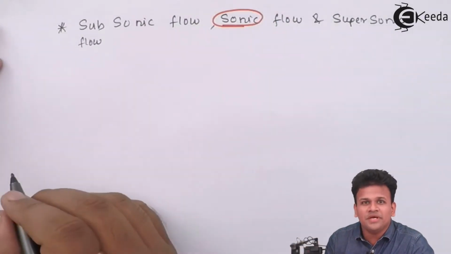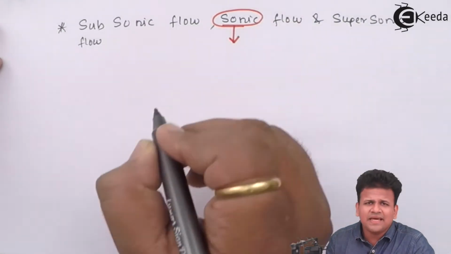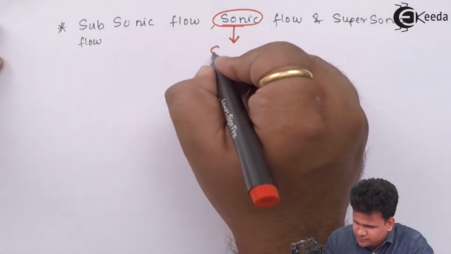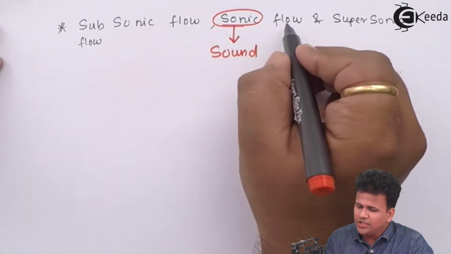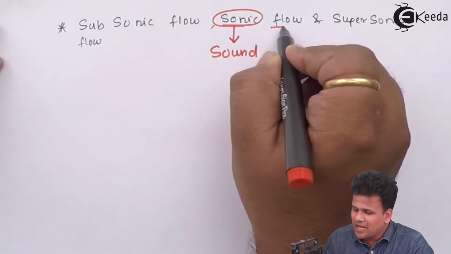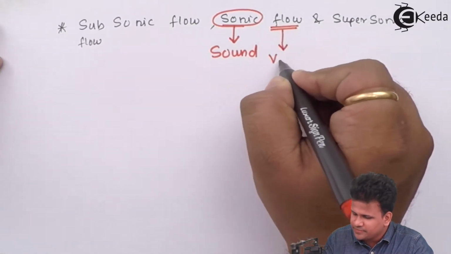Now, what do you mean by sonic? Sonic means anything which is related to sound. Since here the fluid is actually flowing, flow characteristics will be related to velocity.